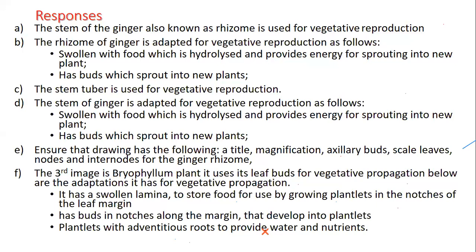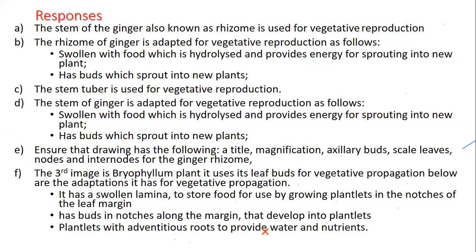It's a swollen stem. There are many other swollen stems, but this swollen stem is distinct and it has a special name, a rhizome, okay? And then if we talk about adaptations for a certain purpose, in biology, we need to write adaptations in a particular format.